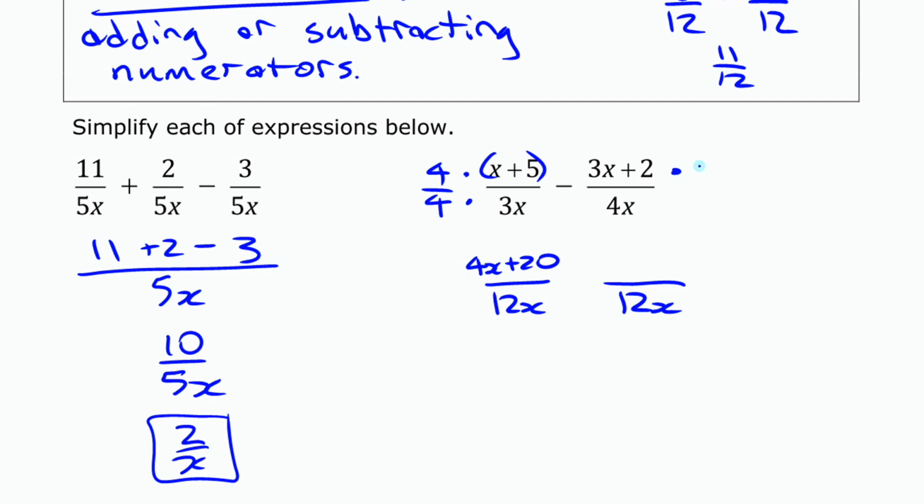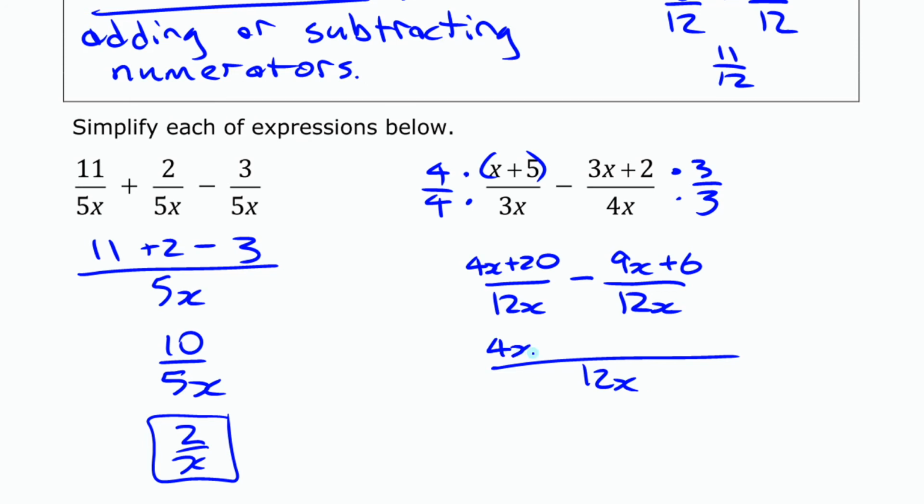The second thing here, we're multiplying by 3 over 3. And on the bottom we have our 12x. On the top here we're going to have 9x plus 6. There's subtraction in between those two fractions. I'm going to write them as a single fraction before I put my final answer here.